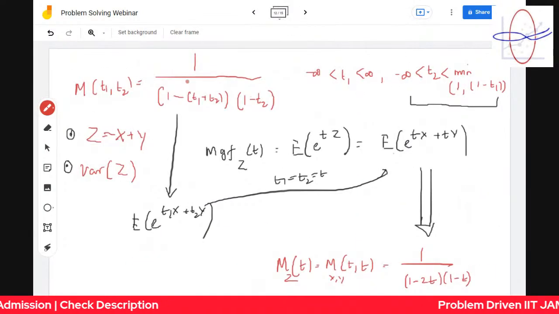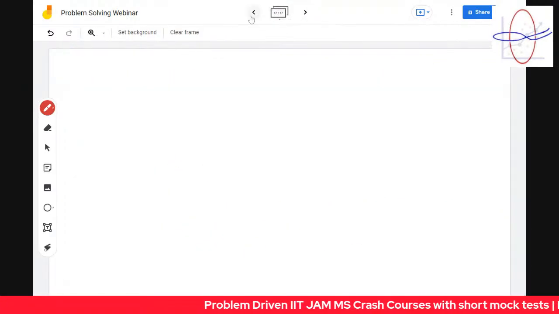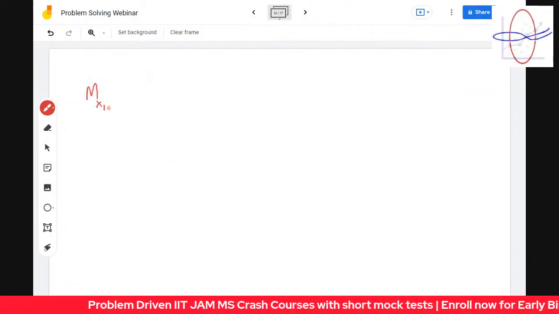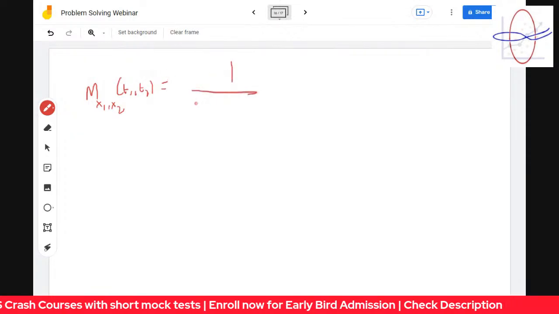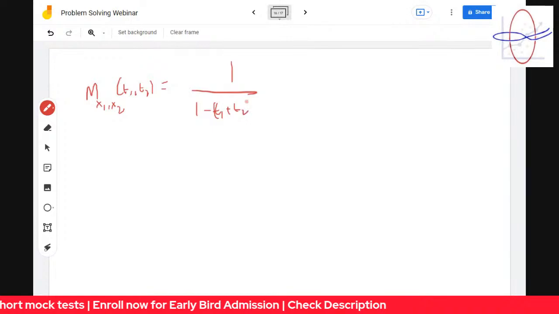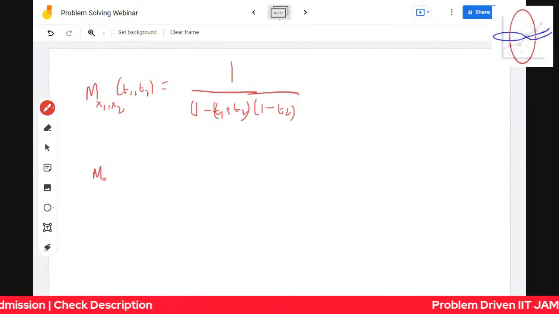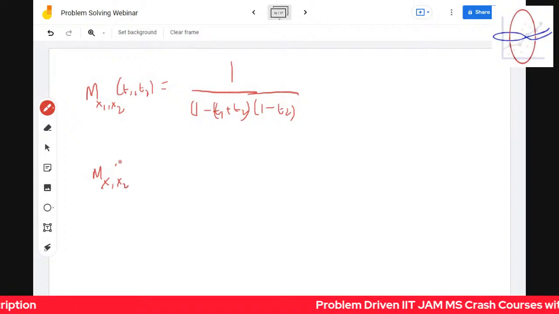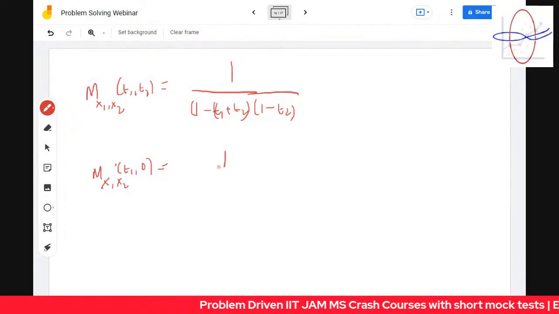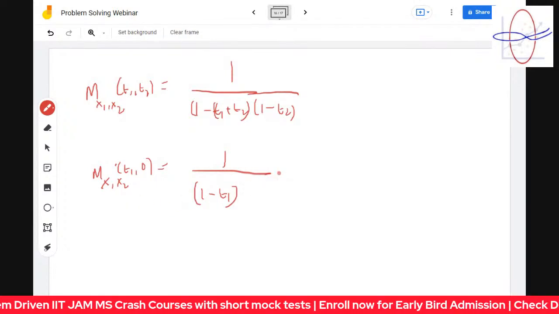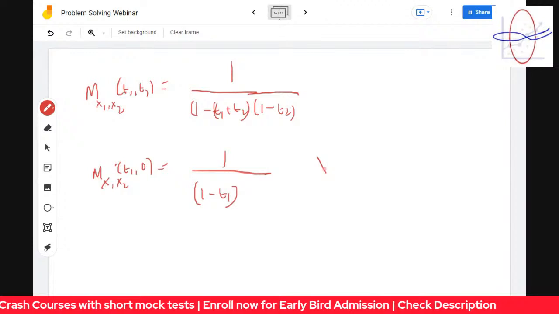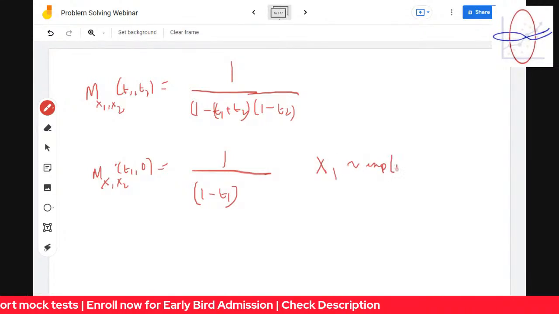So the idea is that we understood the marginal. Let me write it down. M of x1, x2 at t1, t2 turned out to be as follows. If you do M at t1 comma 0, you get 1 by 1 minus t1, which is the marginal of x1, which follows exponential 1.